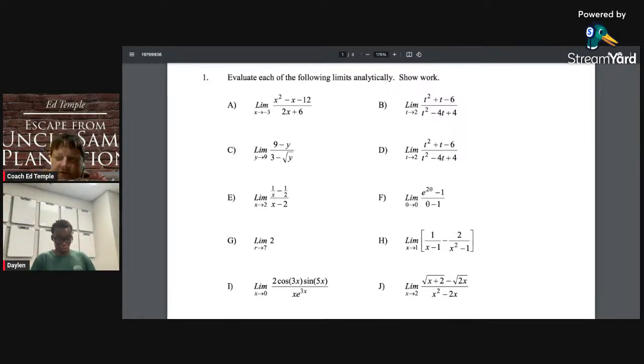Well, the easier one to factor is on the bottom. And you can see that it's saying as x approaches -3. Well, if you put -3 in that denominator, you're going to get 0.